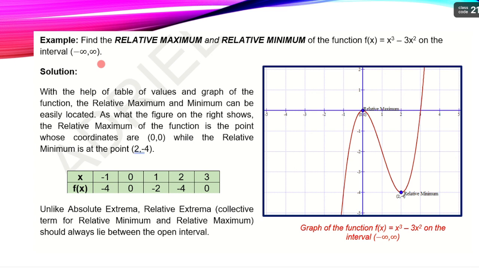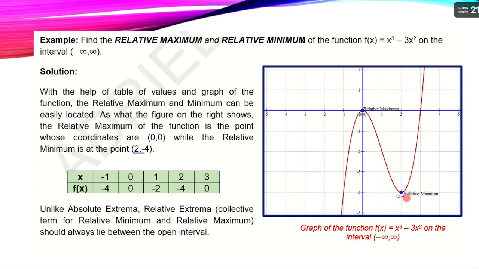So, our open interval is from negative infinity to positive infinity. If we're going to plot the graph of this function x cubed minus 3x squared, we will see some turning points. The turning point here, this one is the relative maximum. We say that this is a maximum, however, it's not absolute because there are some points here that have greater y values.